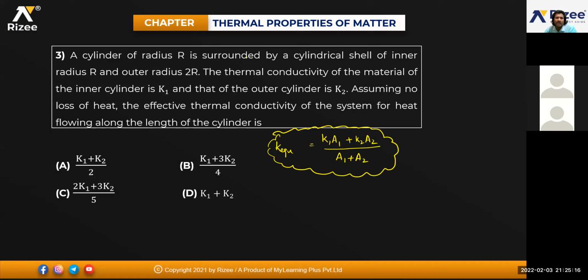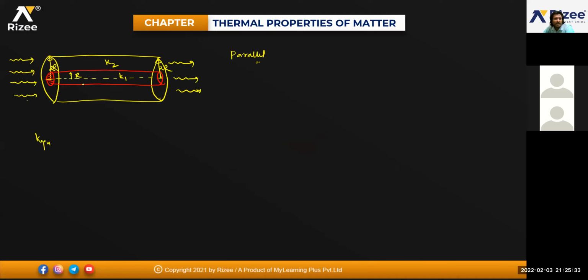A cylinder of radius R is surrounded by a cylindrical shell of inner radius R and outer radius 2R.